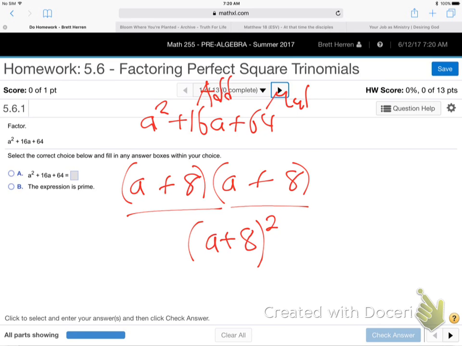Yeah, and that's what they want you to do when they're exactly the same, identical twins. Just put one of them with a 2 power on it. And there we go. Makes sense? Something you already know, just how to do that.